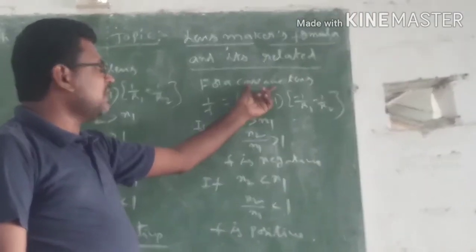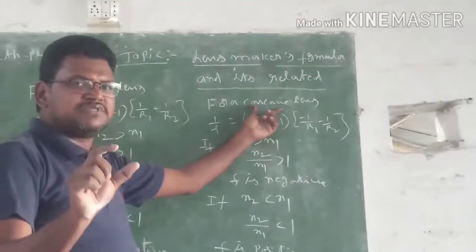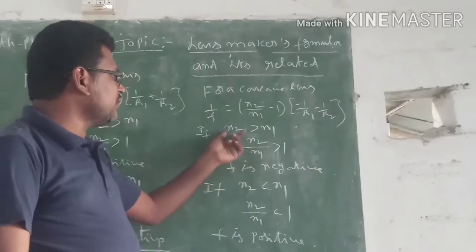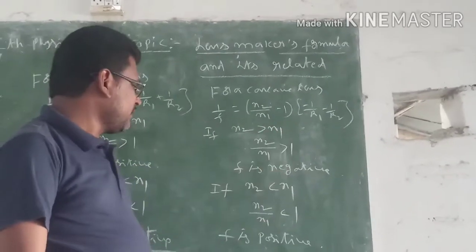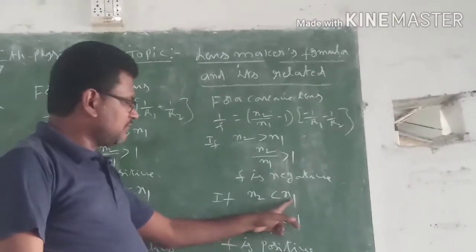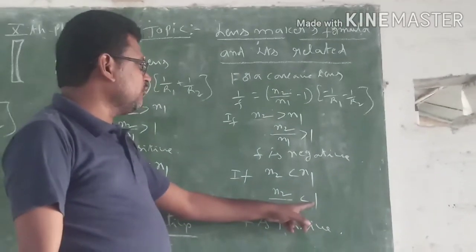That means a concave lens remains a concave lens. That means a diverging lens acts as a diverging lens when the refractive index of the lens is greater than the refractive index of the medium. Suppose n2 is less than n1, then n2 by n1 is less than 1.